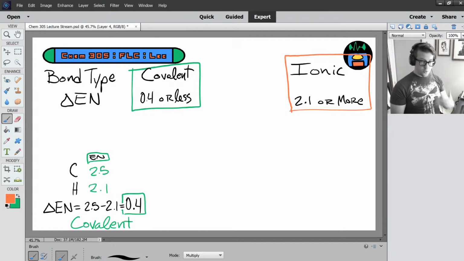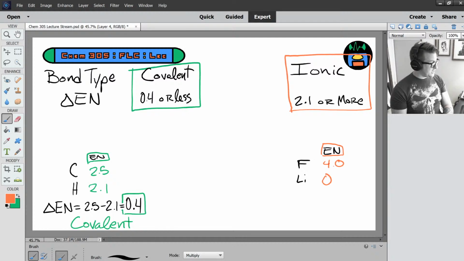So, for example, if we compare the electronegativities of fluorine and lithium, the electronegativity for fluorine is 4.0.